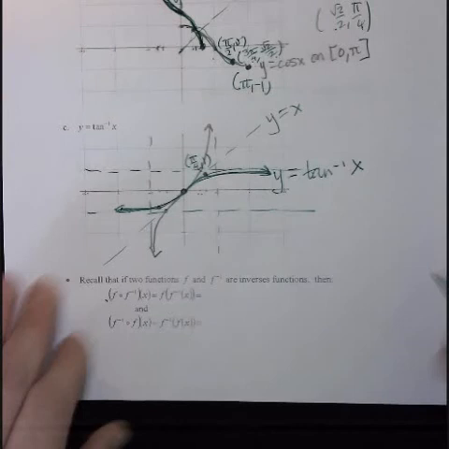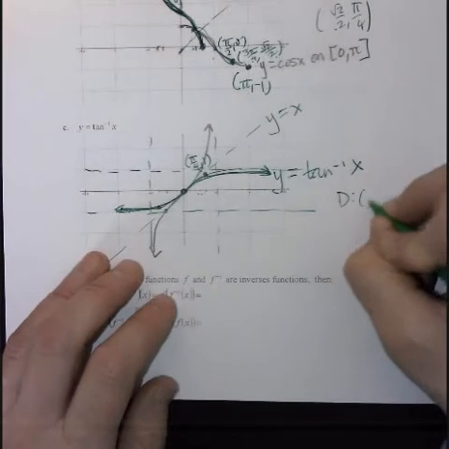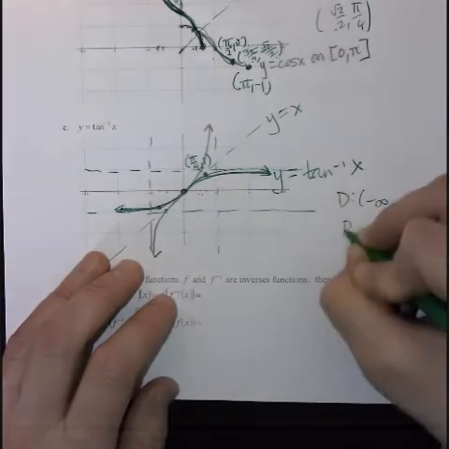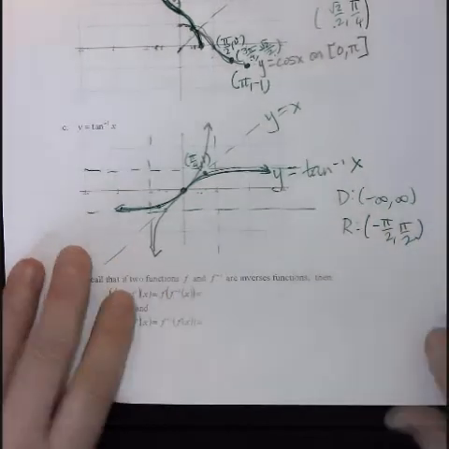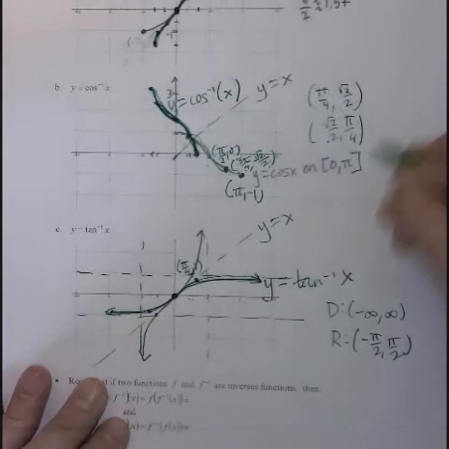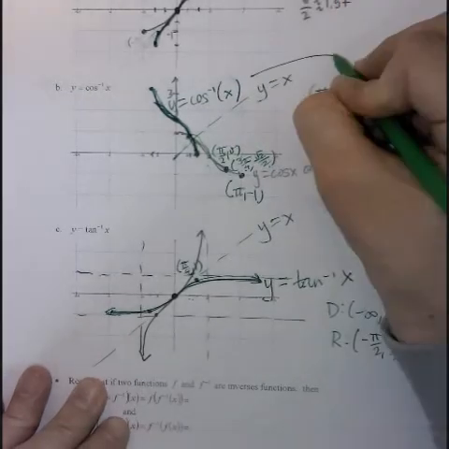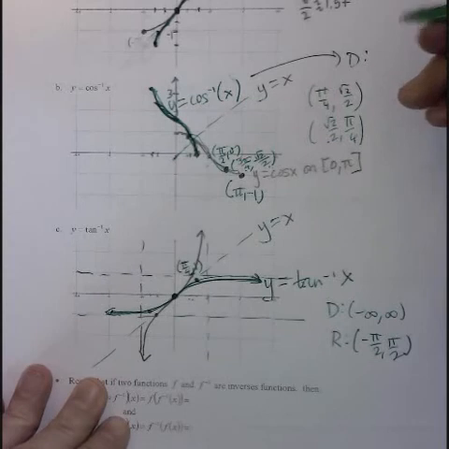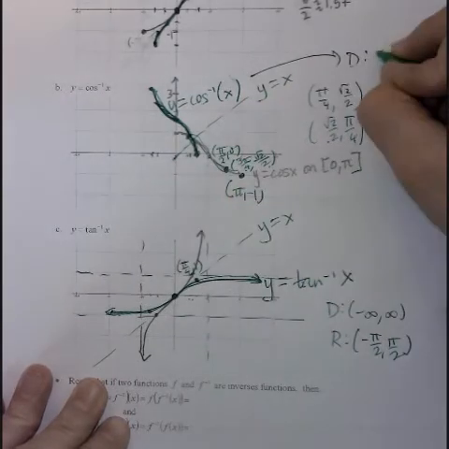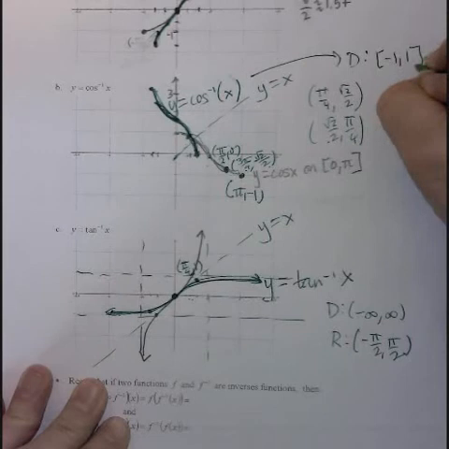Let's write that down. And let's write domain and range for the cosine inverse. So for cosine inverse, domain is negative 1 to 1. So notice that's negative 1 to 1.